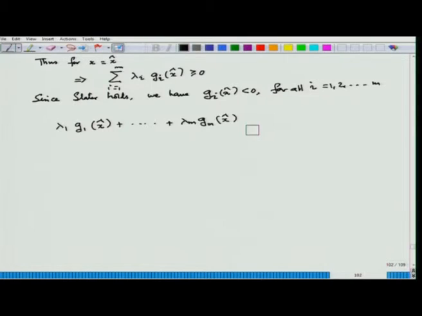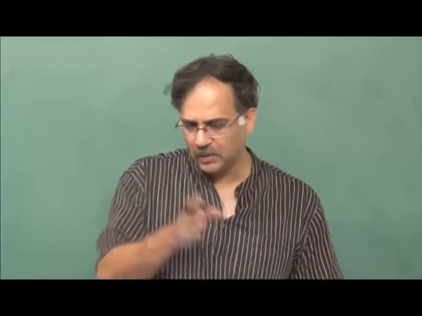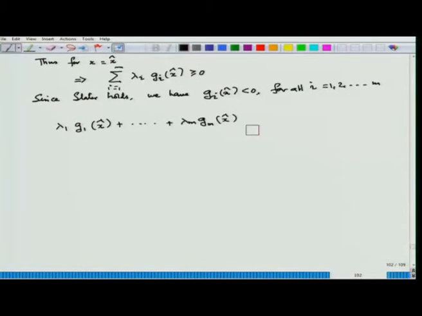Lambda 1 to lambda m are all bigger than or equal to 0, but lambda naught has been assumed to be 0, and we know that the whole vector lambda naught, lambda 1, lambda 2, lambda m is not 0. So, among these lambda 1, lambda 2, lambda m, one non-zero quantity is there because we have chosen lambda naught equal to 0.